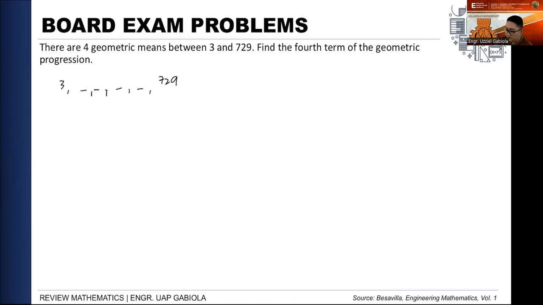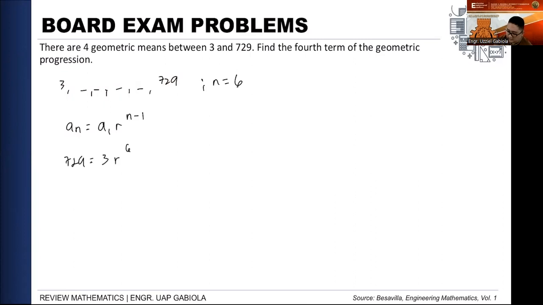So, kapag nth term yung hinahanap natin, an is equals to a1 r^(n-1). Okay? So, kung ilan yung hinahanap natin, we have 1, 2, 3, 4, 5, 6. So, yung n natin dito is equals kay 6. Okay? So, kapag an, yung n na value natin, 729, is equals to 3 r^(6-1).